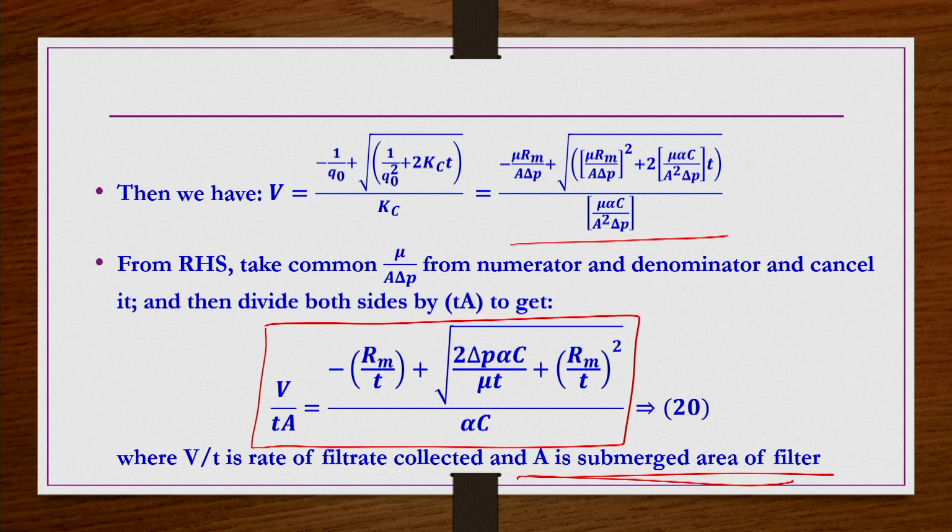Whereas in the case of batch filtration, the entire surface that is exposed for separation of slurries into liquid and solids, that entire area of the filter medium is taken as the area.